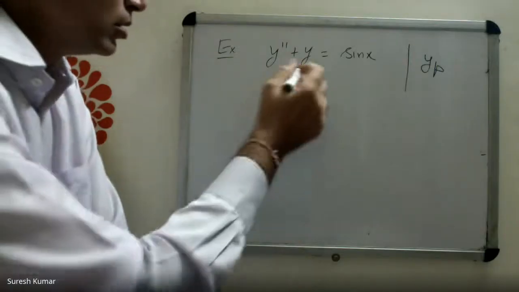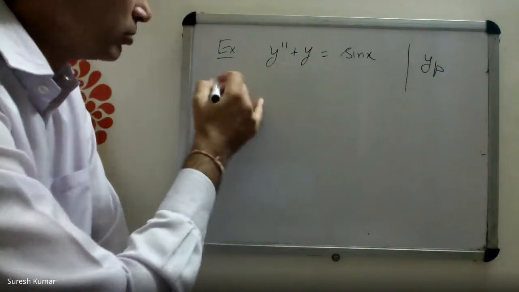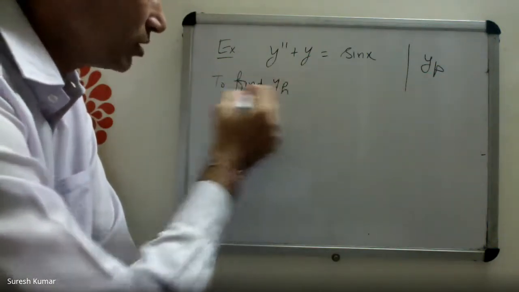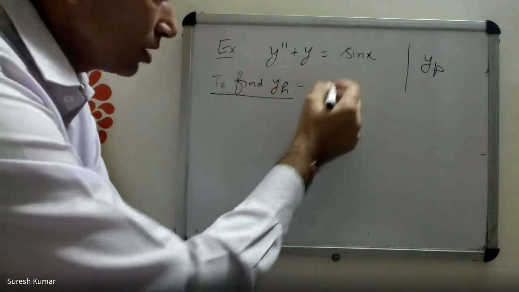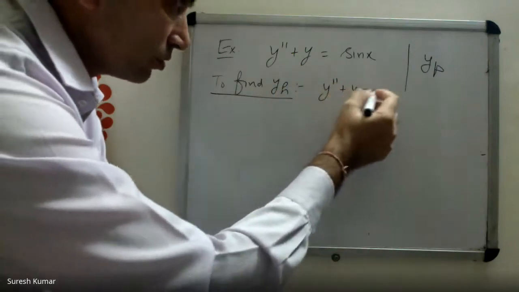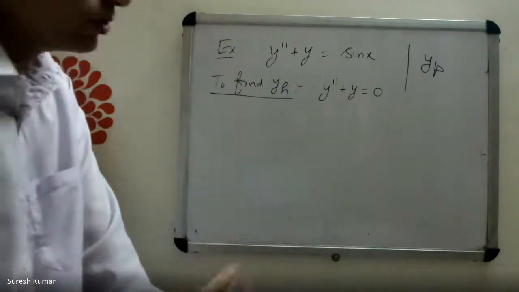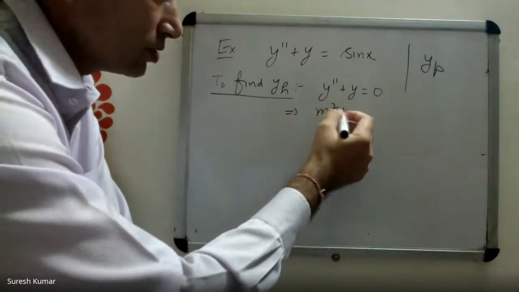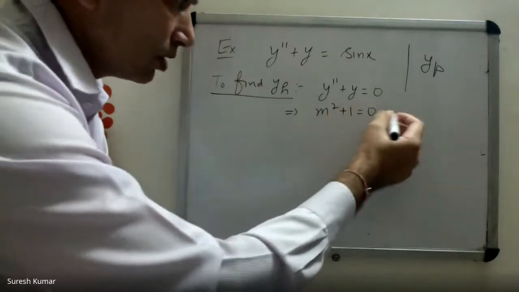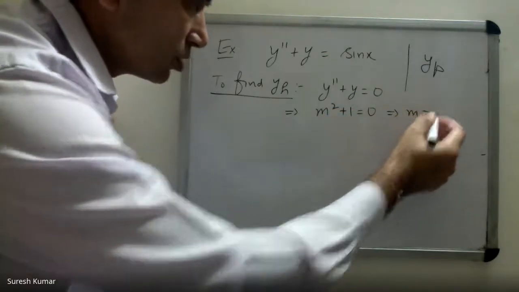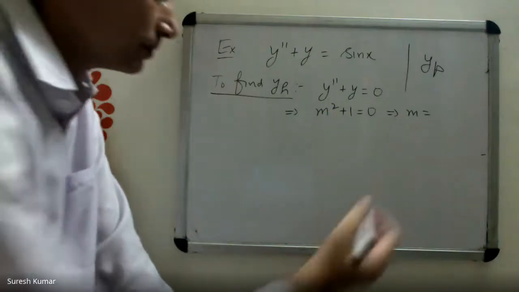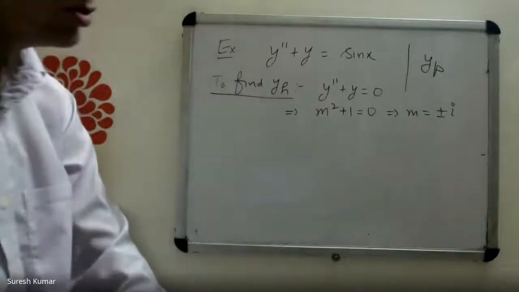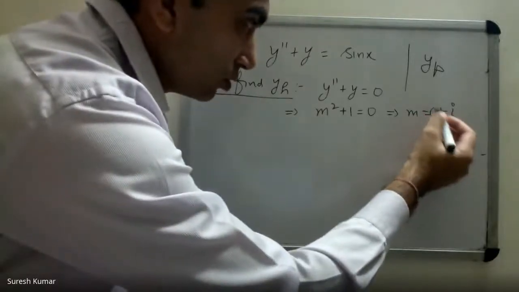To find yh, that should be simple for you. Yh means solving the corresponding homogeneous differential equation y double prime plus y equal to 0. Here the auxiliary equation is m square plus 1 equal to 0, and from this you get plus minus i. Complex roots with a equal to 0, b equal to 1.